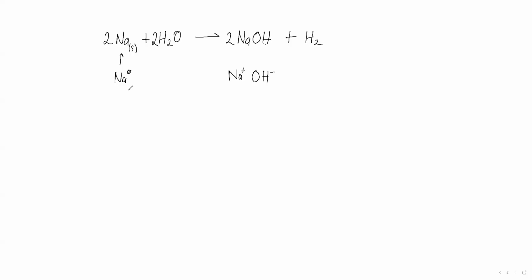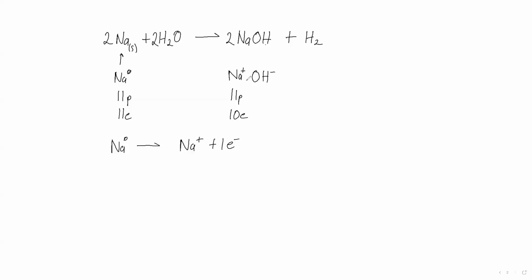And just like before, sodium starts out as 0 with 11 protons and 11 electrons, but it ends up as Na+, which will still have 11 protons, now it only has 10 electrons. So that sodium 0 went to sodium plus 1 electron, right? Because it ends with a net positive charge.